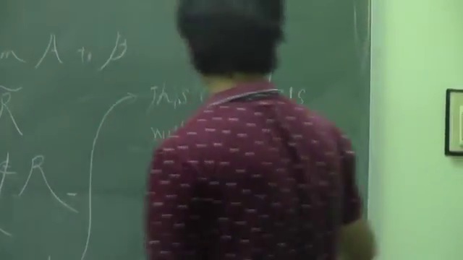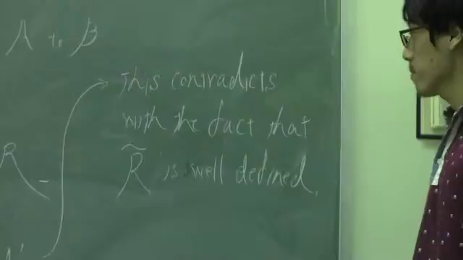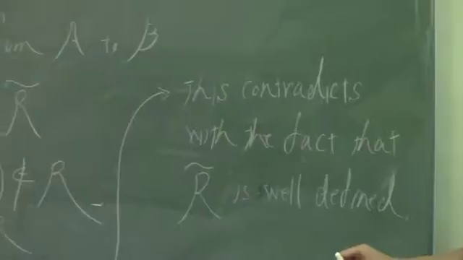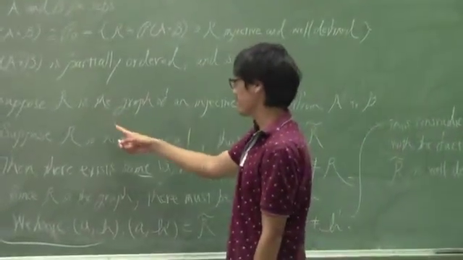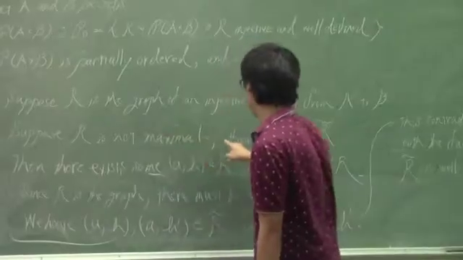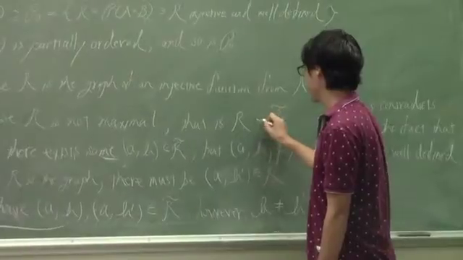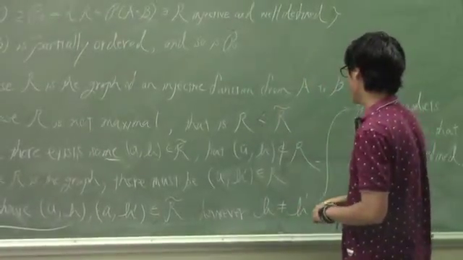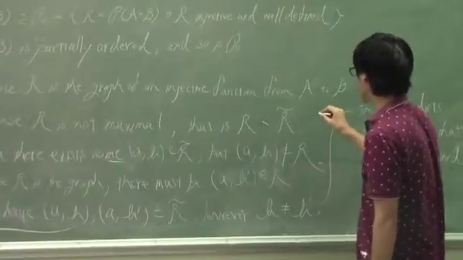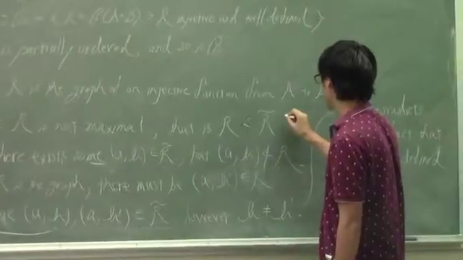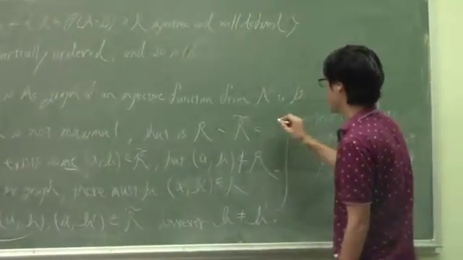And to be very careful, go four lines back. Suppose R is not maximal, that is, R is less than R tilde, and R tilde is an element of P0.